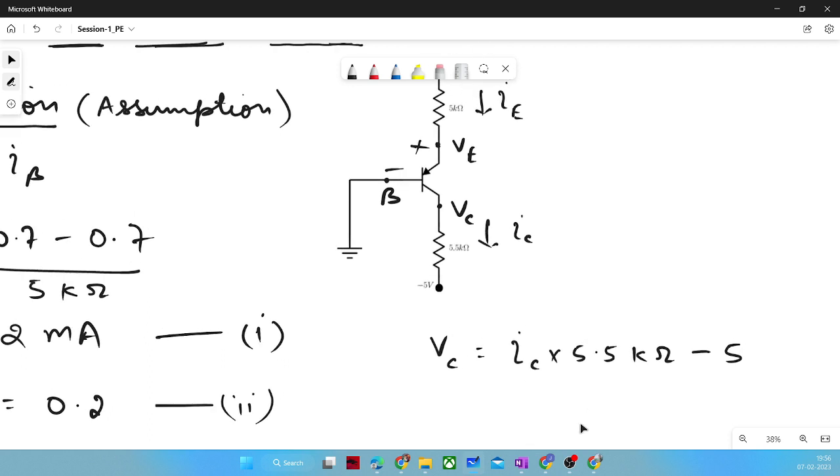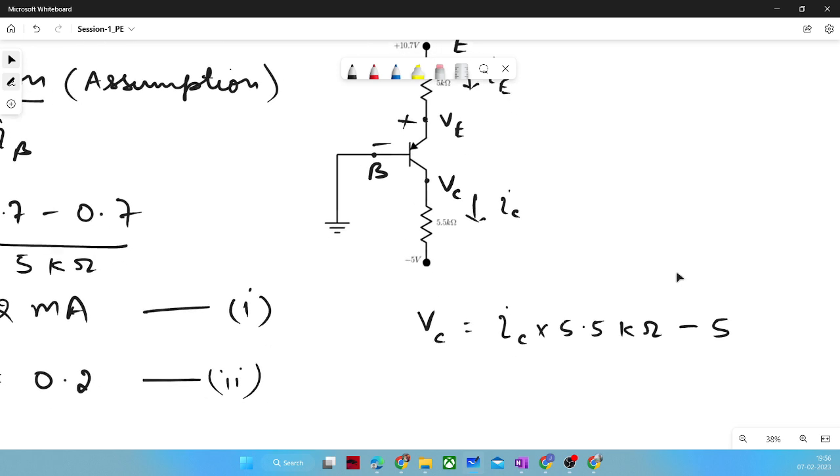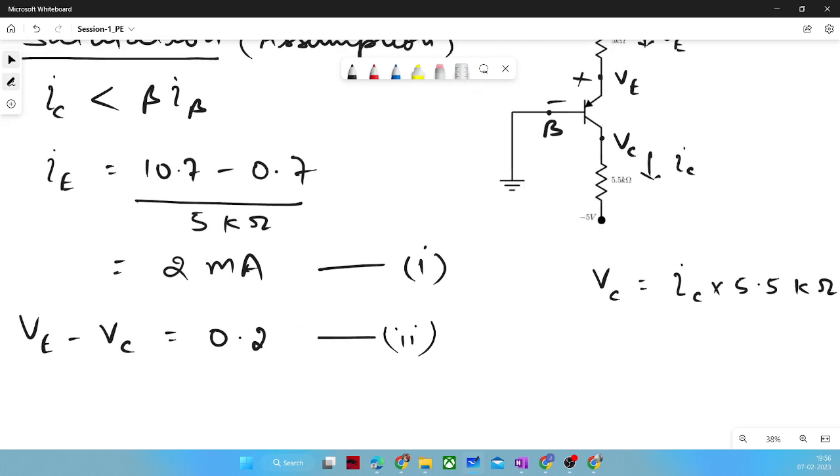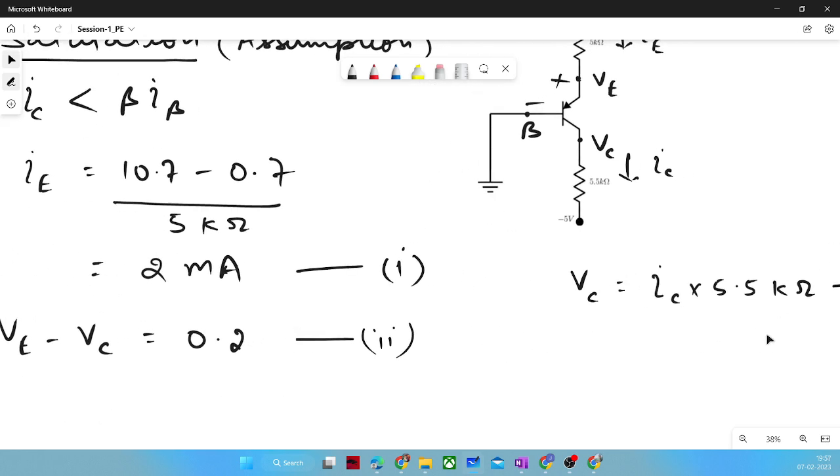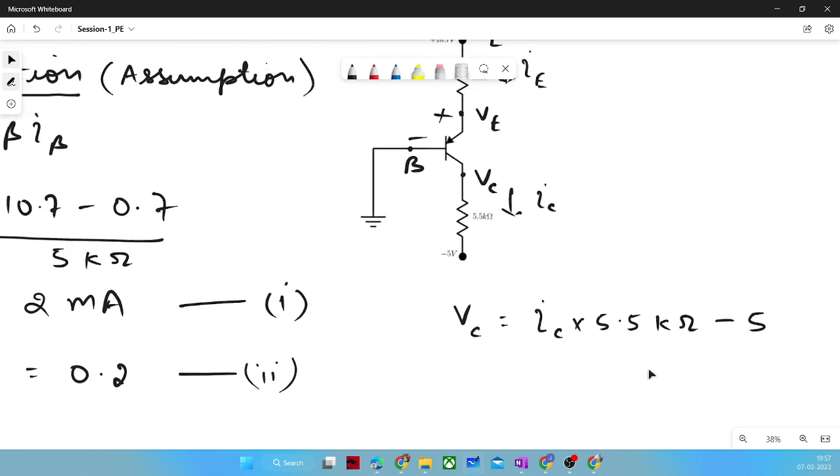So we are left with the computation of IC. VE minus VC is 0.2 volt. VC is equal to IC into 5.5 kilo ohm minus 5.